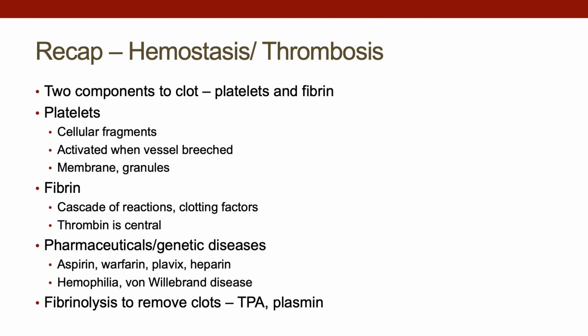And finally, there's fibrinolysis to remove the clots. That involves tissue plasminogen activator or possibly urokinase activating plasminogen to plasmin, and the plasmin proteolyzes the fibrin and can remove the clot.